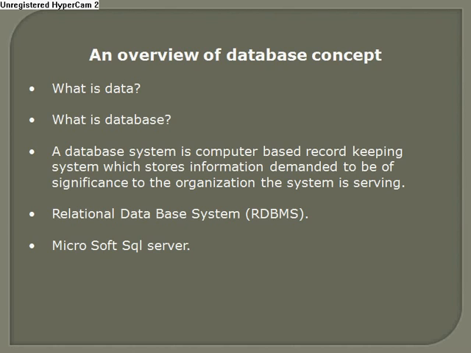The details about this RDBMS or tables, what is the meaning of a table, and how data are stored in these tables, in the rows and columns, we will see in a further session. So at this time, a relational database management system means a database management system which manages the information in tabular form, and these tables are generally known as relations.